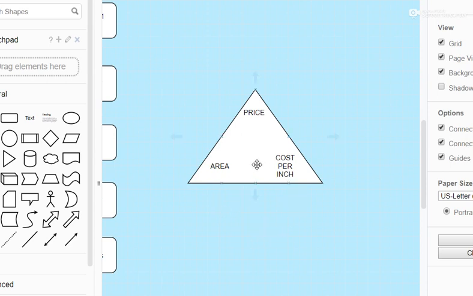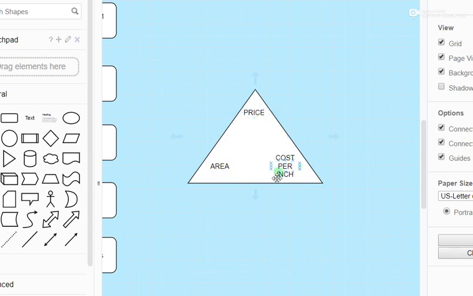Now, how you work out which way around this goes is that if you just imagine the price is going to be the cost per square inch times the area in inches. So if it's 100 inches and it is £1 per square inch, then you multiply that by that, and that will give you 100, and that is the price.